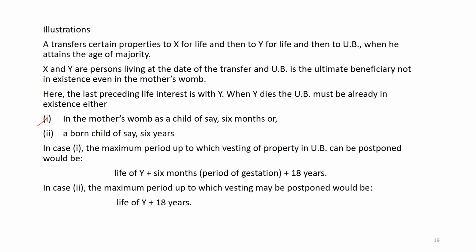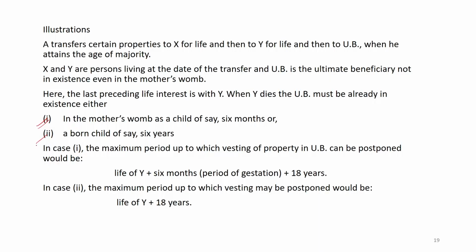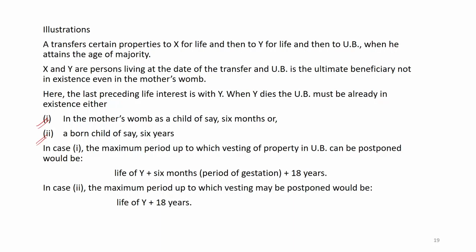When he was in the mother's womb, that means he took birth on 1st June 2020. In this case, I have given that he was already born in 2017. He was 3 years old at the time of the death of the last beneficiary, and in that way we have calculated. So, the maximum term of this remoteness will be life of Y plus 6 months plus 18 years.